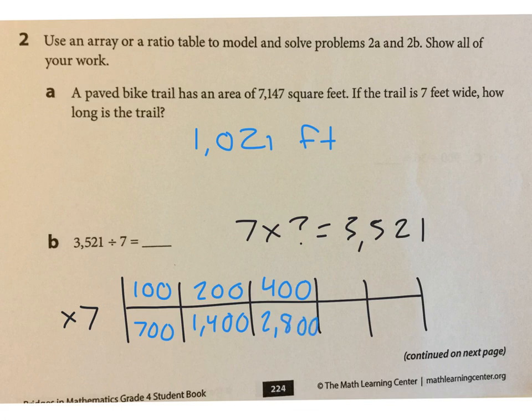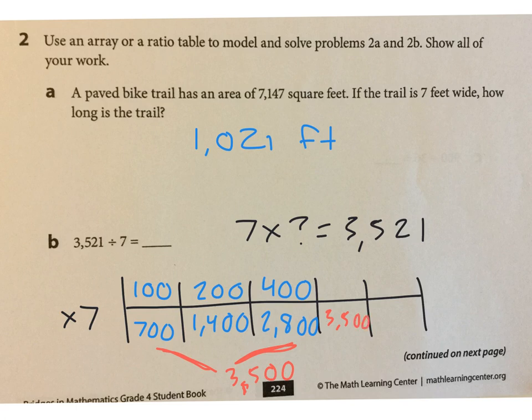So we're getting closer. And then I'm going to think to myself, I notice that these two added together are going to be 3,500. Pretend this is a comma right here. 3,500, and that's really close.